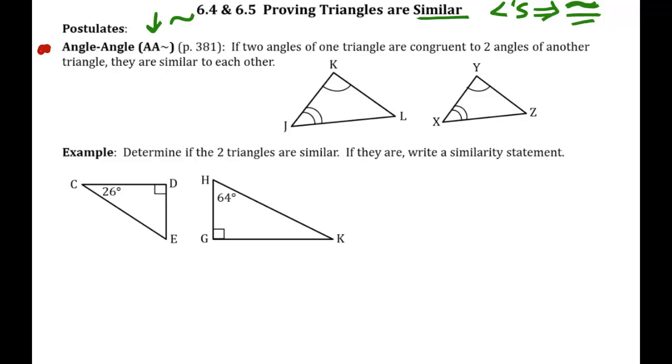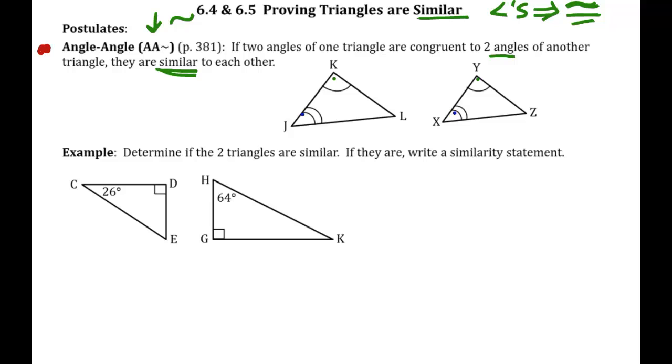If two angles of one triangle, angle K here and angle Y, are congruent, and angle J and angle X are congruent, then they must be similar to each other. Because really, doesn't the third angle have to be the same? But we only have to prove that two of them are the same.